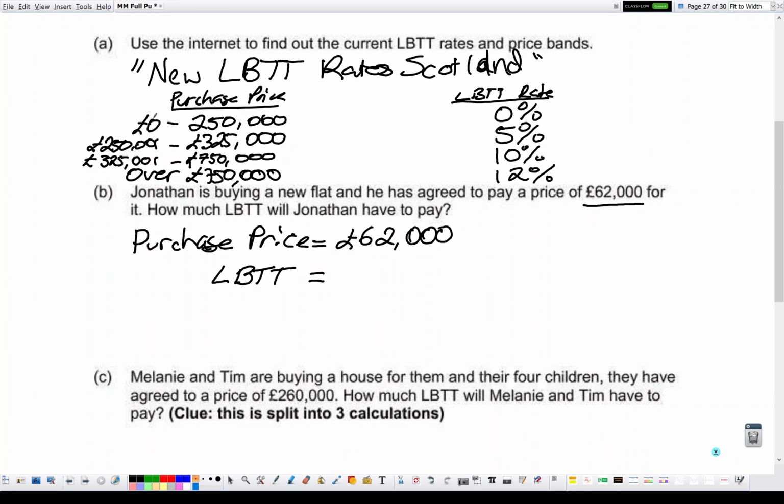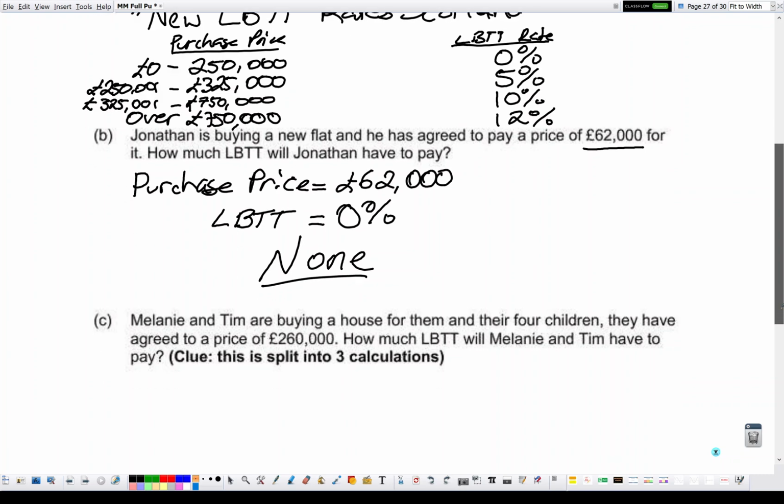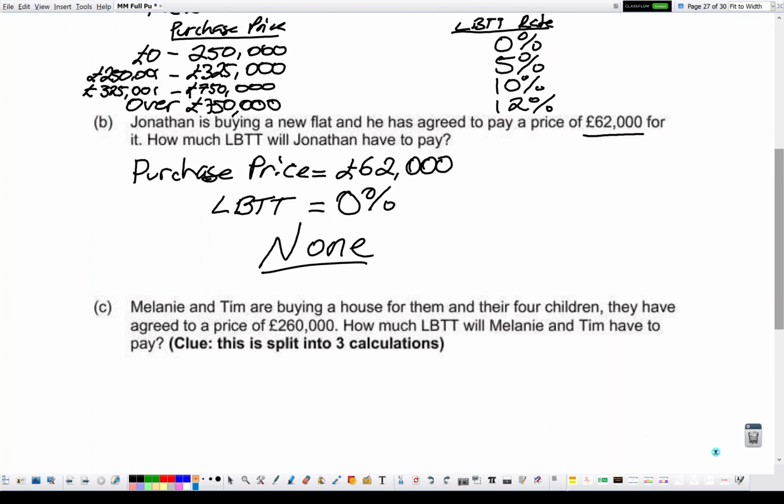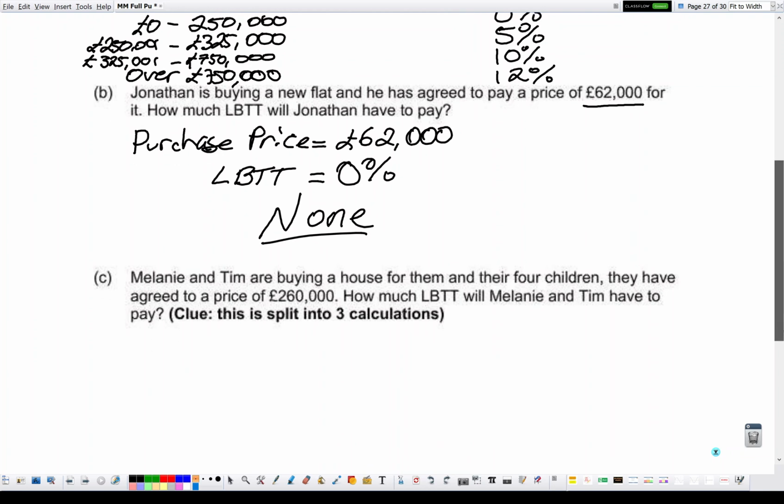Okay, hopefully you were able to identify that it was in this first price band, the 0 to 250, which means that the LBTT rate is 0%. So the amount that he'll have to pay is none. Okay, so a property that's only £62,000, any property up to £250,000, no tax has to be paid on it. So that's good news.